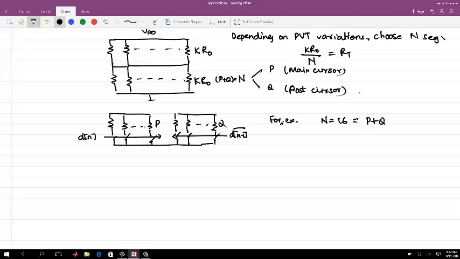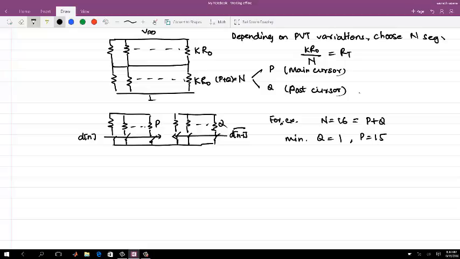So you have a minimum value of Q is 1, right? And when Q is 1, P is equal to 15 in this particular case. So the resolution of equalization which you will get is limited to this 1 with respect to 15 or 16, you can call in total. Okay.